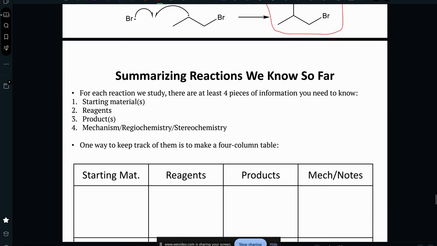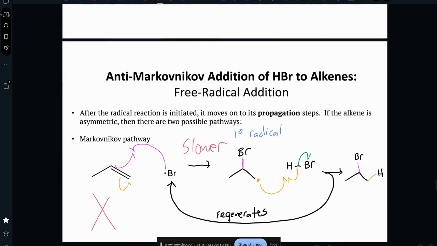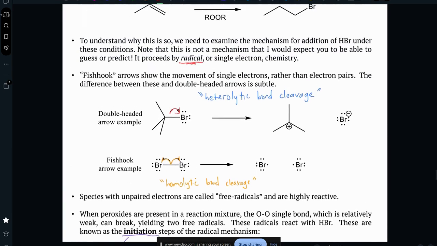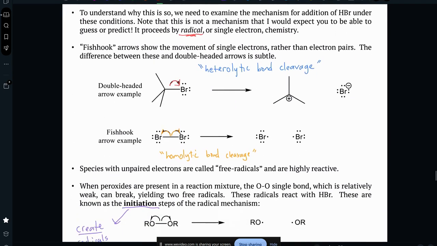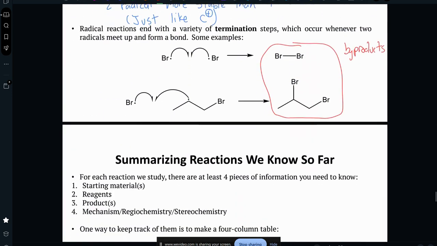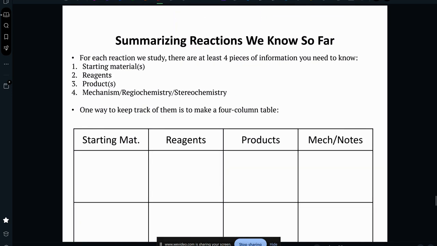Just to get you started, why don't we do the one reaction that we just learned, and that was this free radical addition of HBr to alkenes. So if I look at that reaction, my starting material was an alkene. Now in your table, I would encourage you to definitely list everything by functional group.